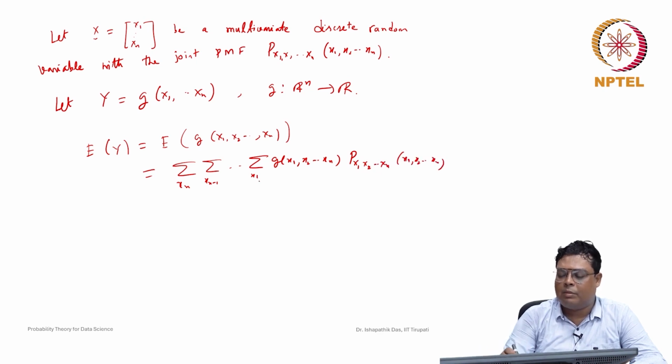So we sum over all possible values that x1 can take, x2 can take, and so on, of g(x1, x2, xn) multiplied with their probability. This is the general definition.